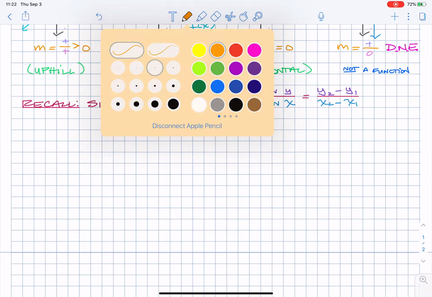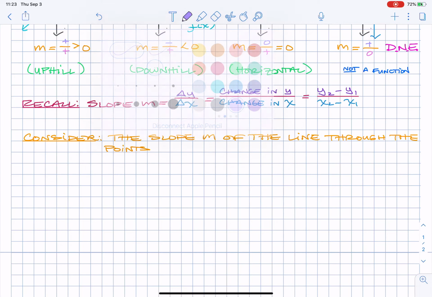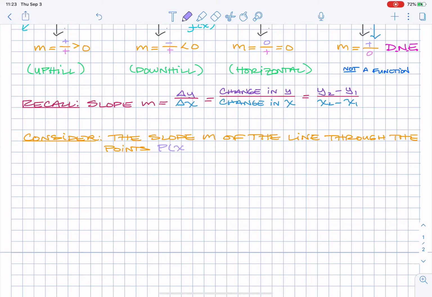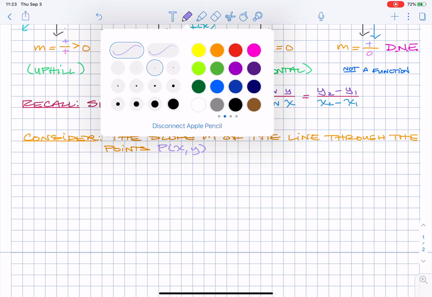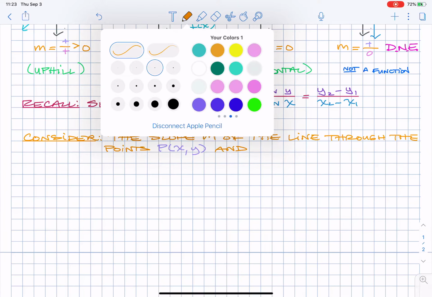Okay, so now let's consider the slope m of the line through the points P at x, y, and Q at x1, y1.